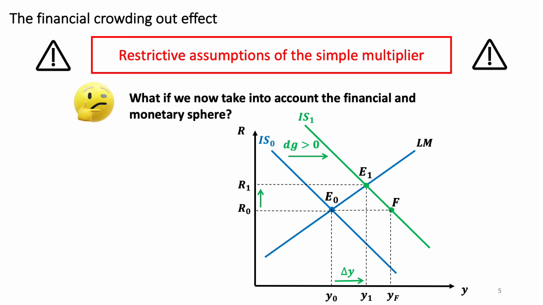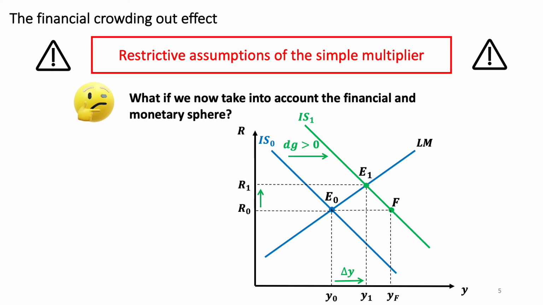But if we consider the financial and monetary sphere, we need to take into account the mode of financing that the government will use. For instance, the government will borrow money to increase its public spending by issuing new bonds on the bonds market. In other words, the government increases the demand for loanable funds.